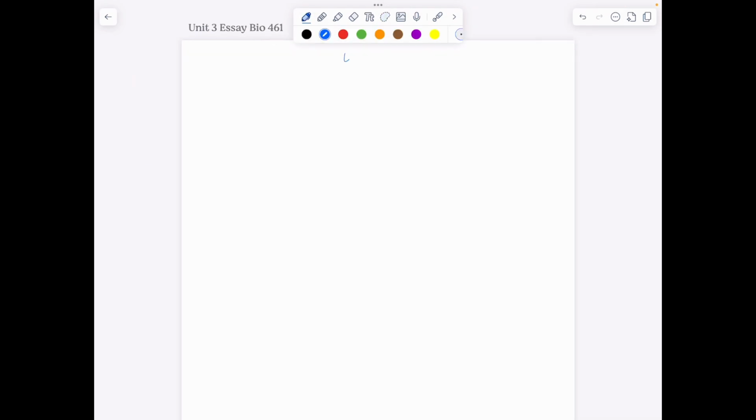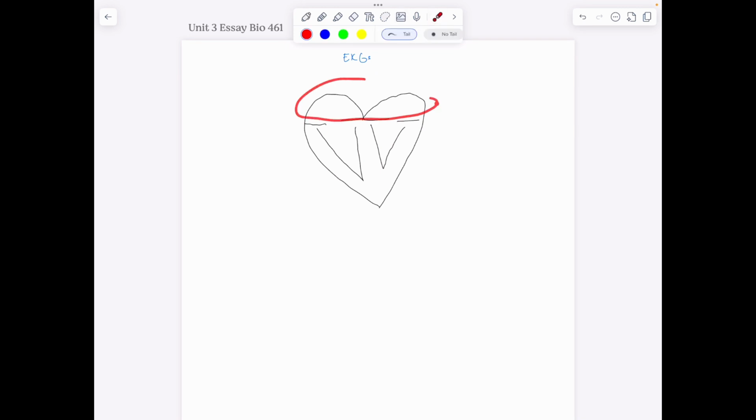Okay, so for the next part of this essay, we're going to talk a little bit about the EKGs. And to do that, I'm going to draw a heart here. And so we have our atriums and then our ventricles down here too, to separate those.